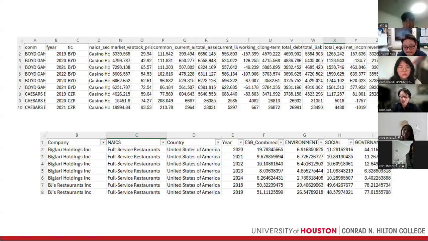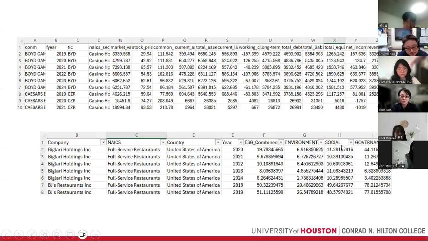I normally use multiple measurements to measure financial performance, and these are the ingredients that can be used to calculate ROE, ROA, Tobin's Q, etc. But first I downloaded this data, and it is in the form of an Excel file, and then the bottom one is the ESG related data, right?